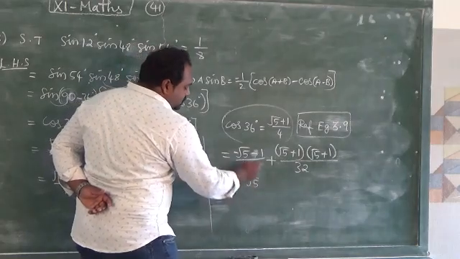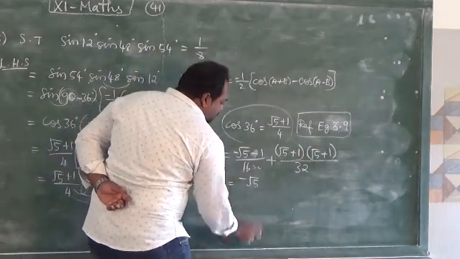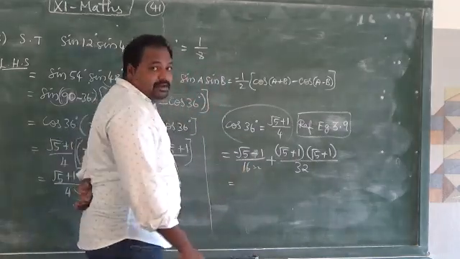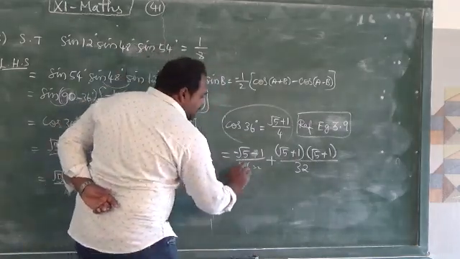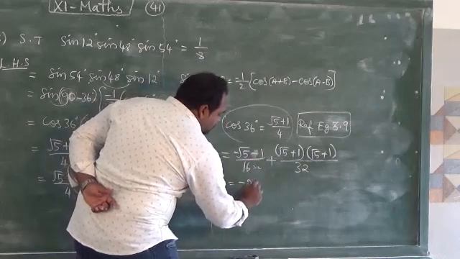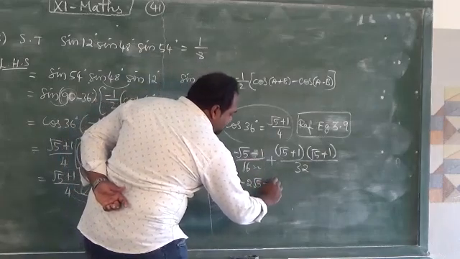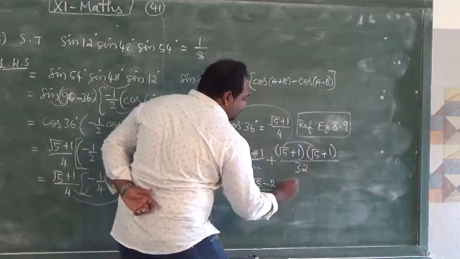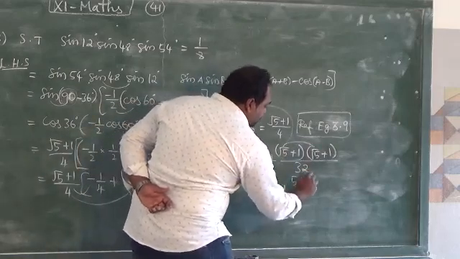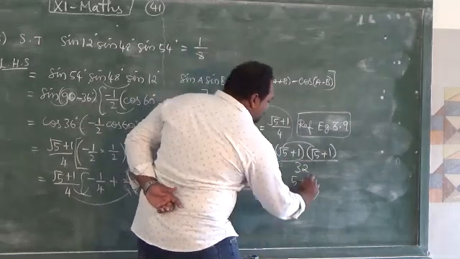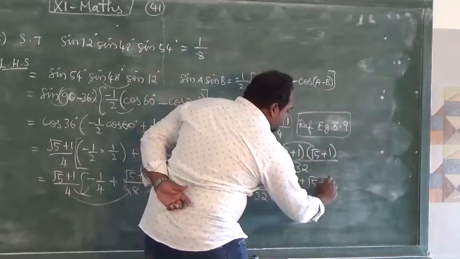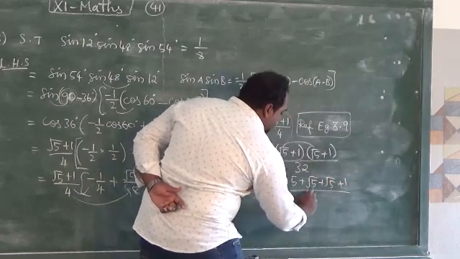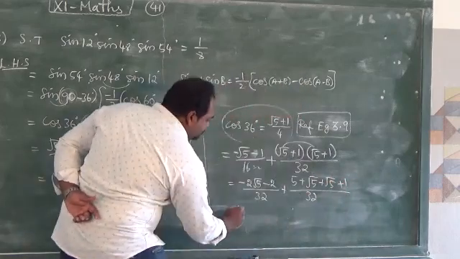So how can we change it into 32? Multiply with 2, in the numerator and denominator. In the first term, I am going to multiply and divide by 2 for getting a common denominator. So it is (2 root 5 minus 2) by 32 plus (5 plus root 5 plus root 5 plus 1) by 32.